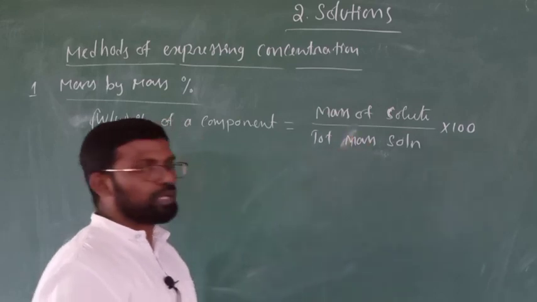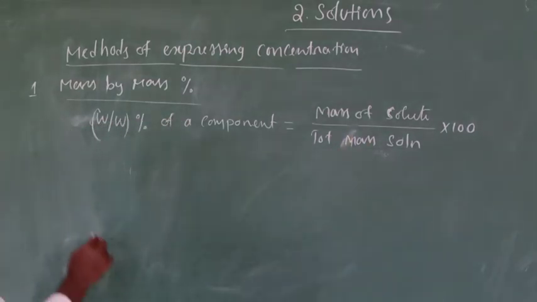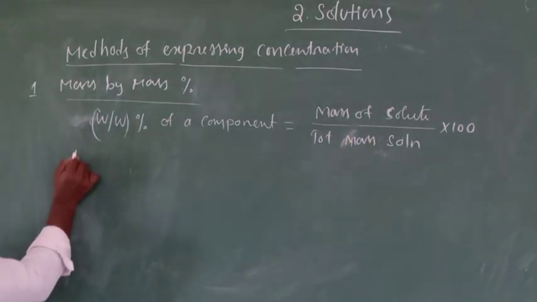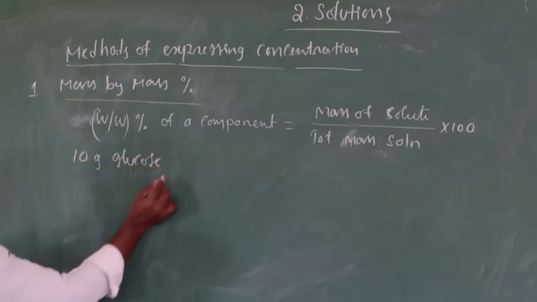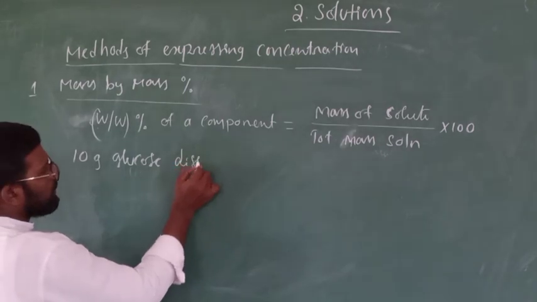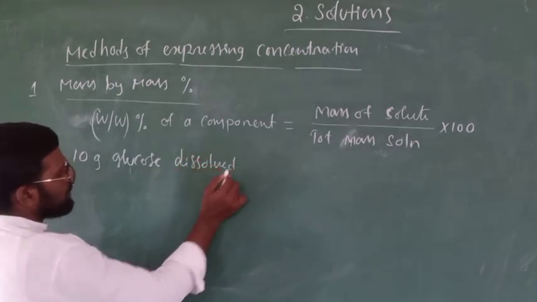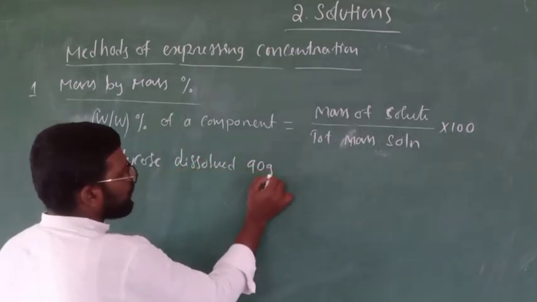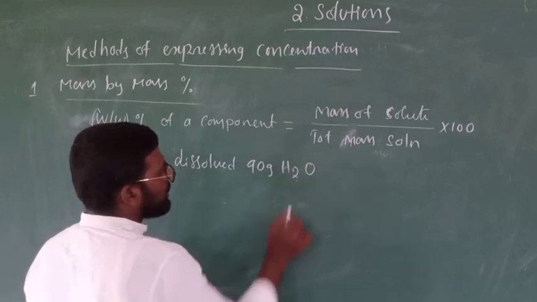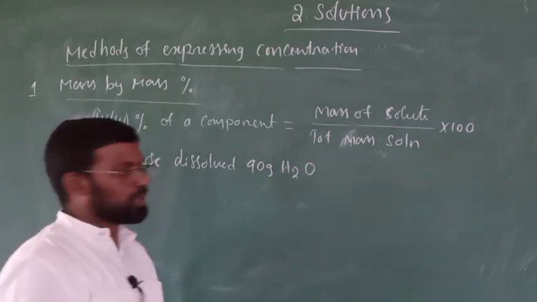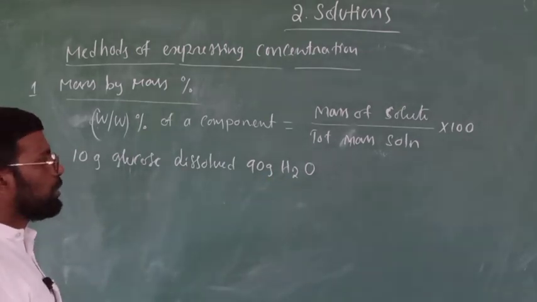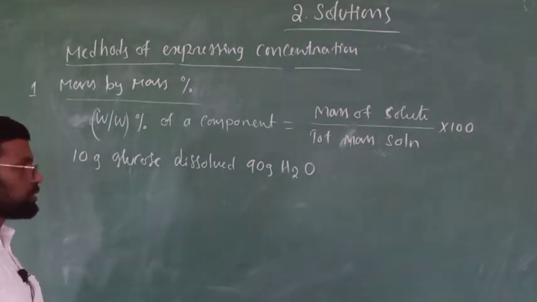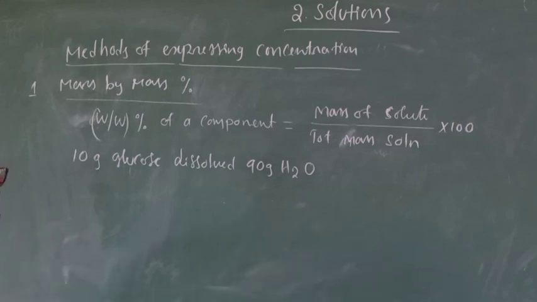To understand this formula, let's take one small example. If 10 grams of glucose is dissolved in 90 grams of water to form a glucose solution, then what is its mass percentage?